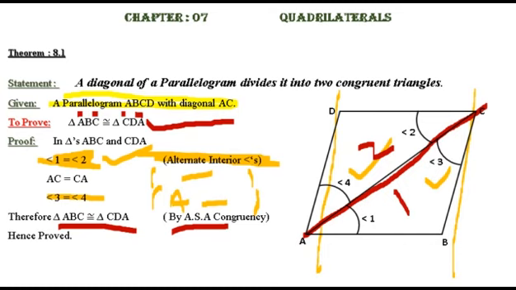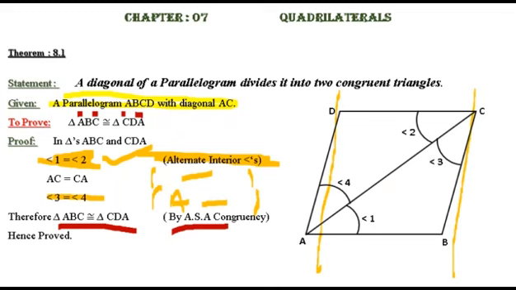You understood now why I chose the name CDA. When I wrote down ABC, why did I choose CDA? Because this correspondence gives me alternate angles. Now have a look at this. When I wrote down ABC, I'm talking about angle 1, and when I chose CDA, I'm talking instantly about angle 2.